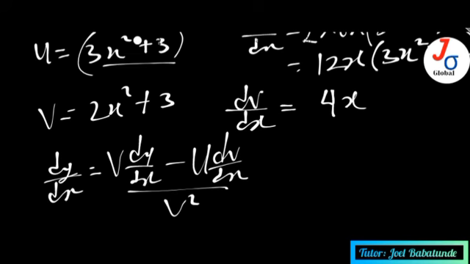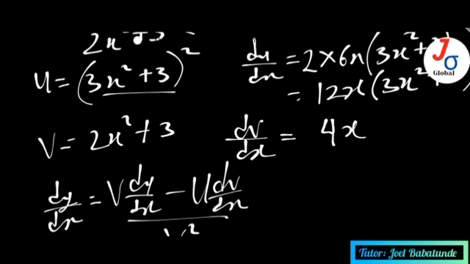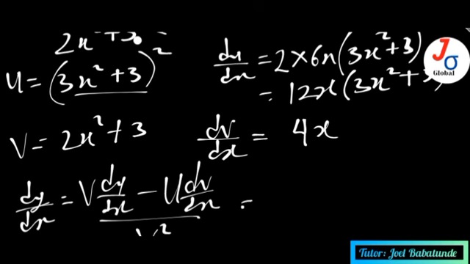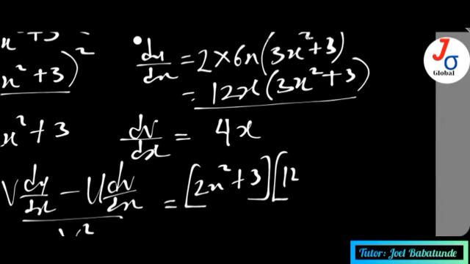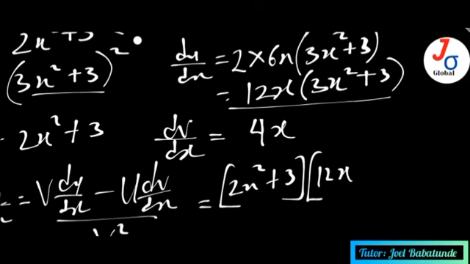So what's my v? My v is this, 2x squared plus 3, multiplied by du/dx. This is my du/dx, 12x into 3x squared plus 3.